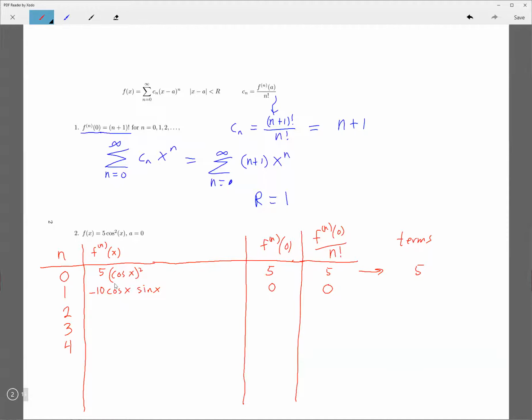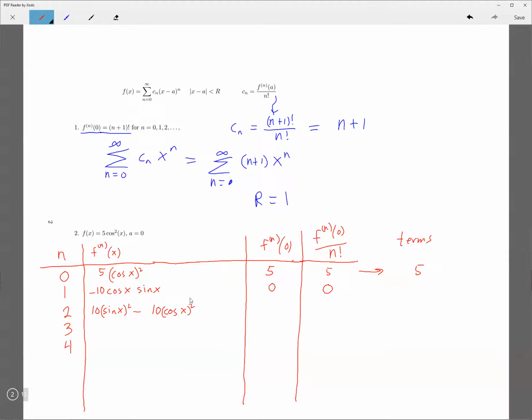That's okay though. Now take a derivative of this, and we have the derivative of cosine, which is negative sine. So that's going to be plus 10 sine x squared plus this part times the derivative of the second part, which is going to be cosine x squared.